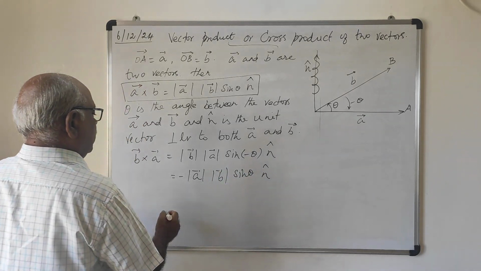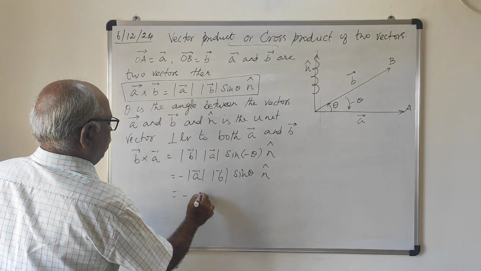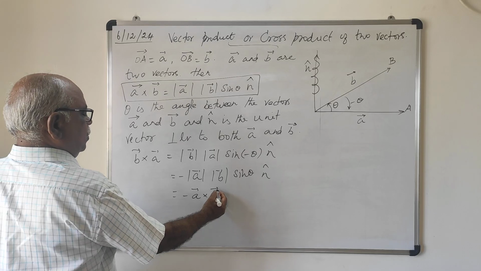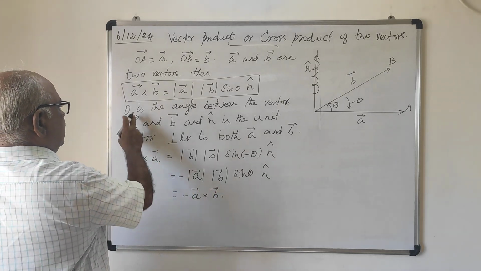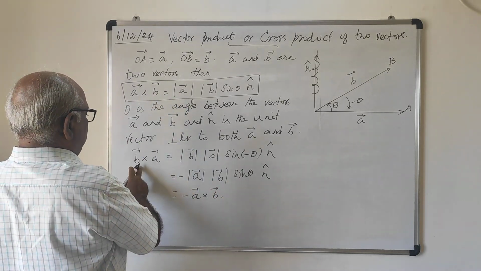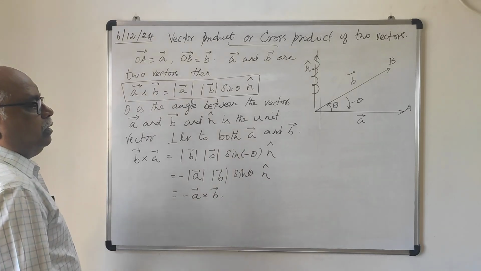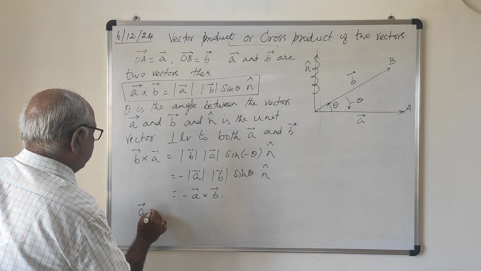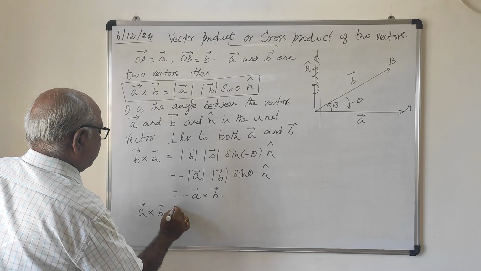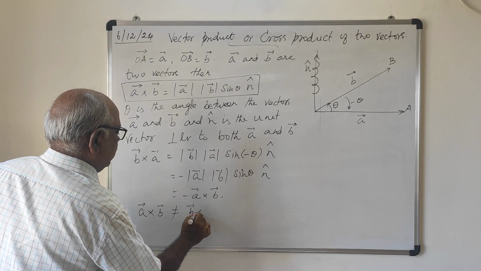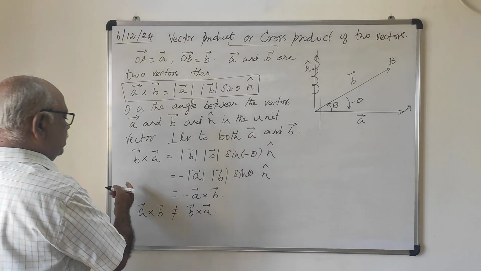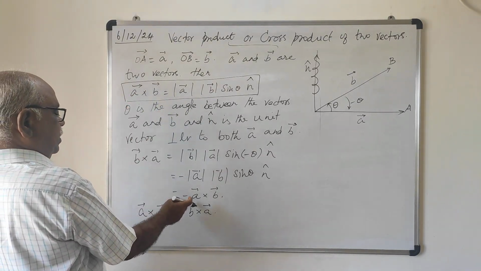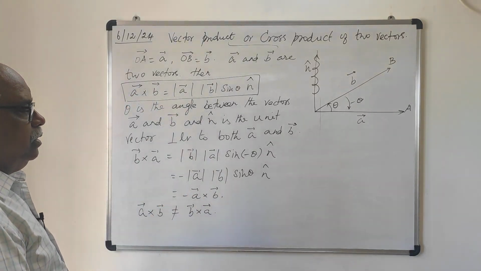So this is minus of A cross B. But B cross A is minus of A cross B. That's why A cross B is not equal to B cross A. If you interchange the cross product, the sign of the product is changed.